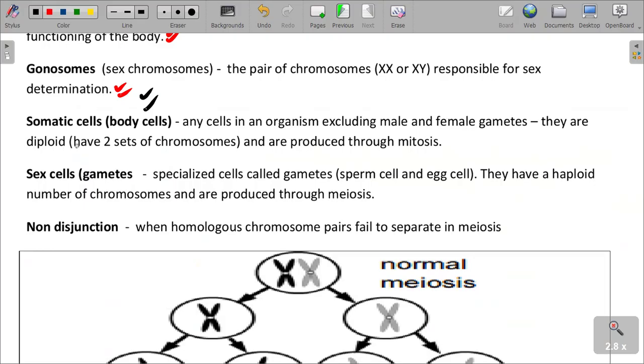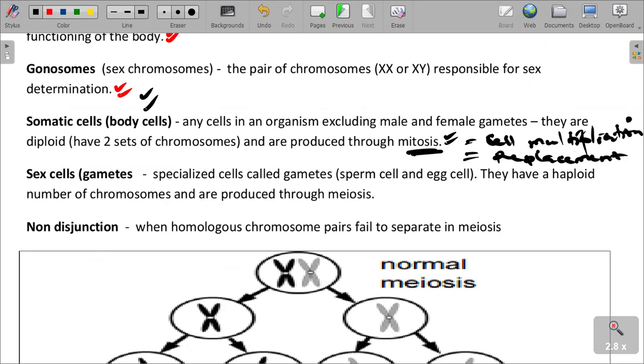They are diploid, two sets of chromosomes, and are produced through mitosis. Mitosis results in cell multiplication and cell replacement. Somatic cells are bodily cells.